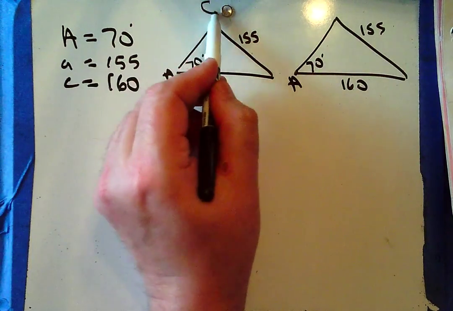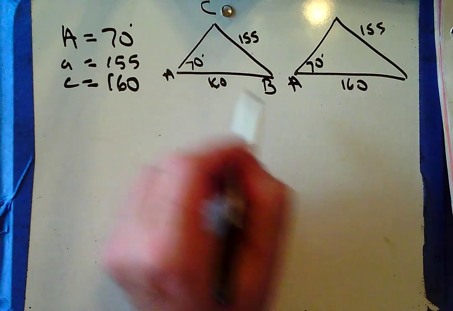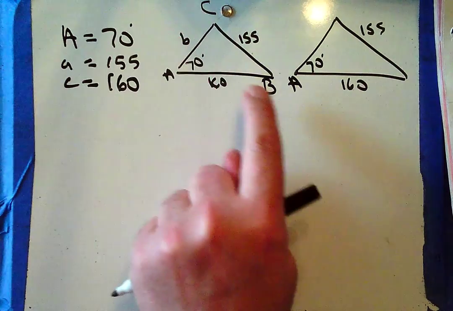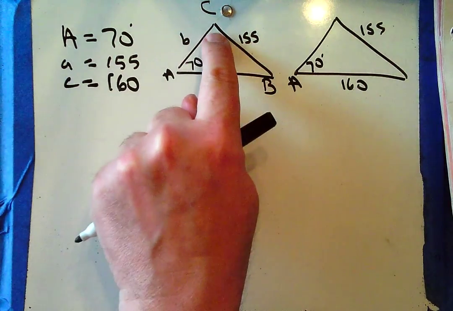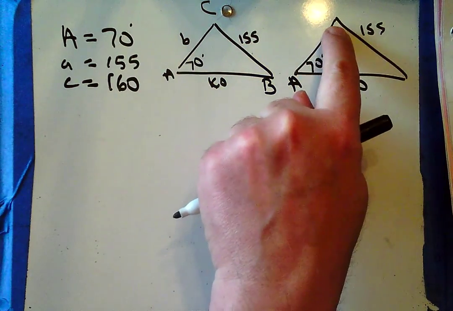So this must be big C here, and this must be big B over here, and this will be little b.